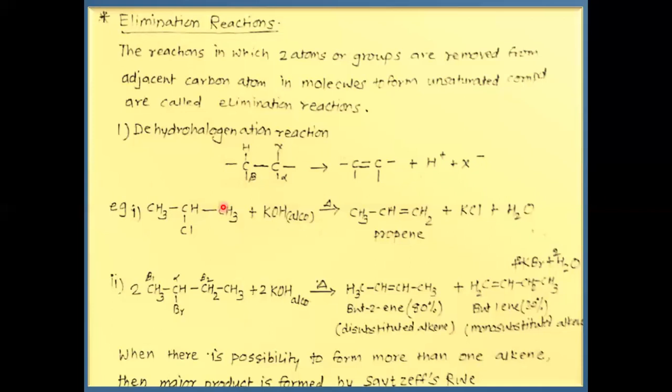Hydrogen from the beta carbon and halogen from the alpha carbon get eliminated.